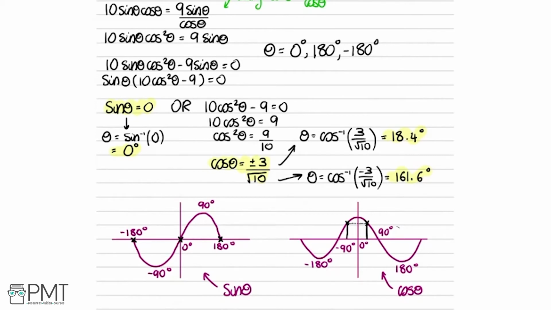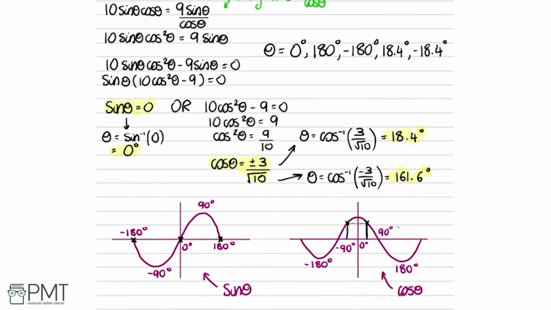Because the cos curve is symmetrical, this point here is 18.4 degrees, so this one's at minus 18.4 degrees. So writing both of those on, we've got 18.4 degrees and minus 18.4 degrees.